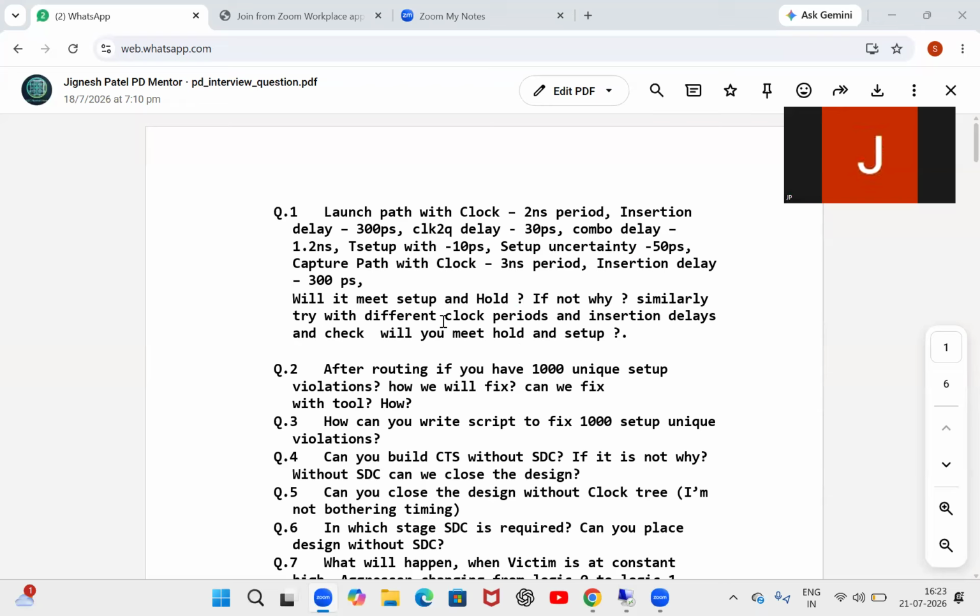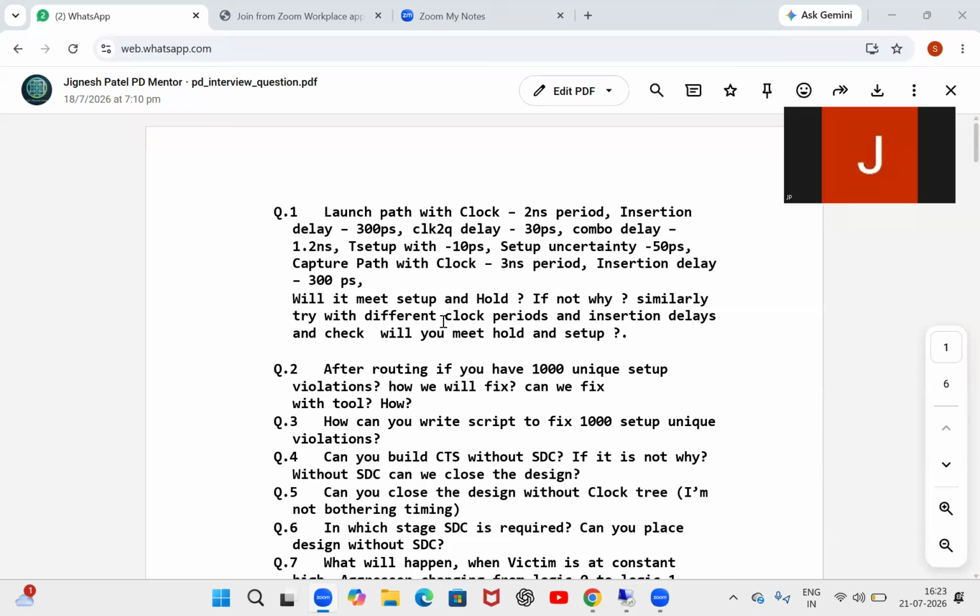So if we don't provide SDC, will it give an SDC error? SDC is required in the synthesis stage only, right? No, if you are doing physical level synthesis, then SDC is required. But if you're not giving SDC, I think we can proceed, but the placement is then only congestion aware, not timing aware placement.